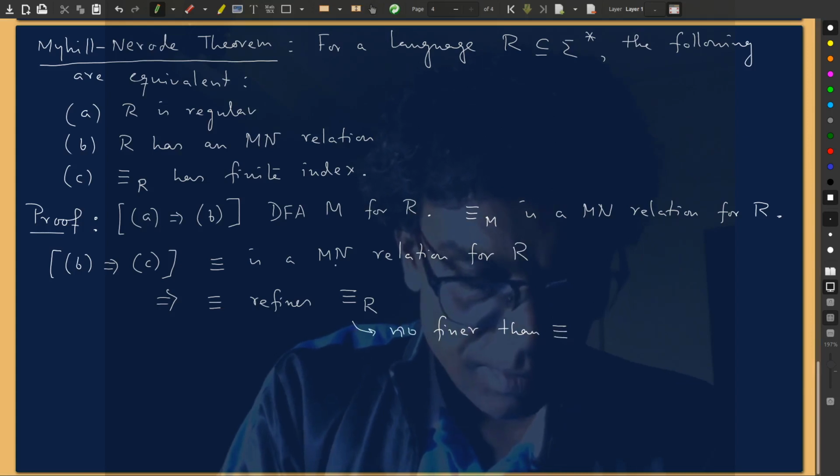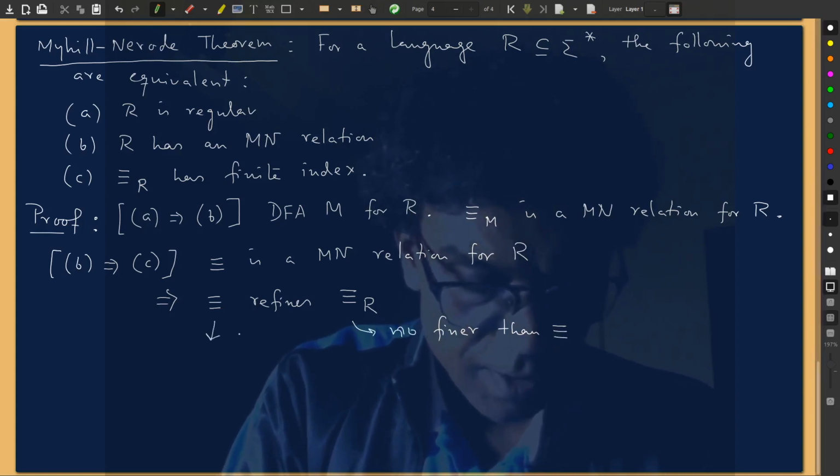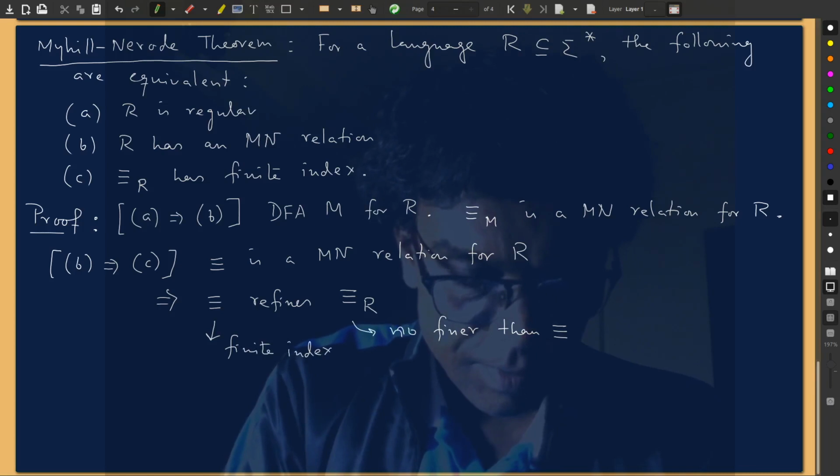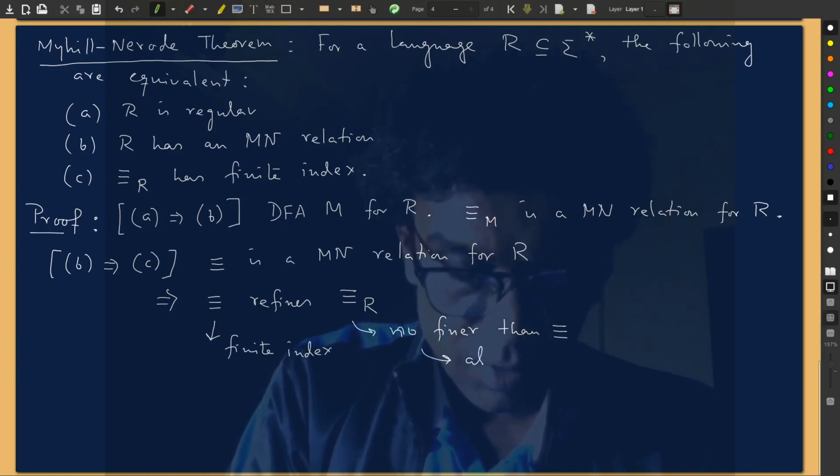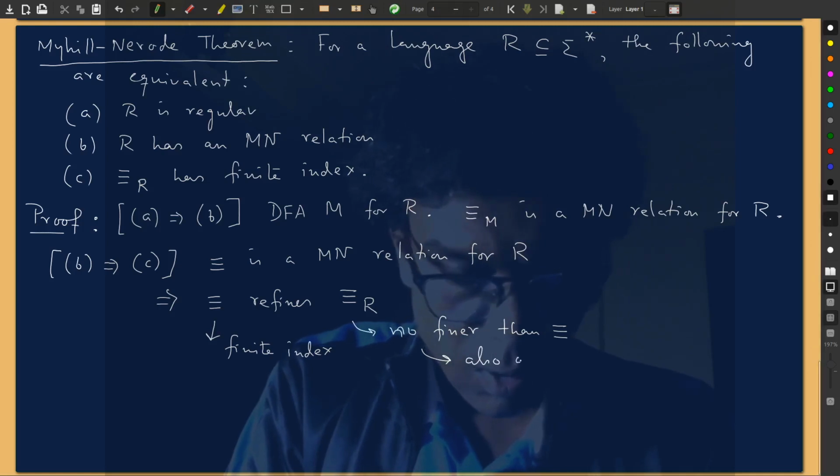And since this is an Mn relation, in addition to being Mn prime, this has finite index. And since this is potentially coarser, this is also, therefore, of finite index.